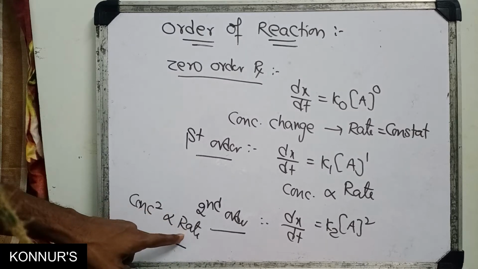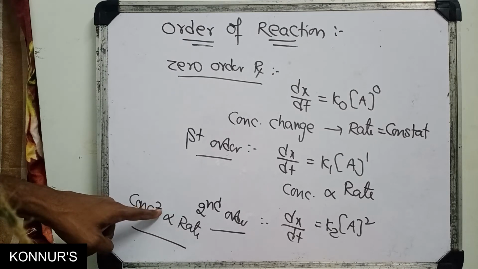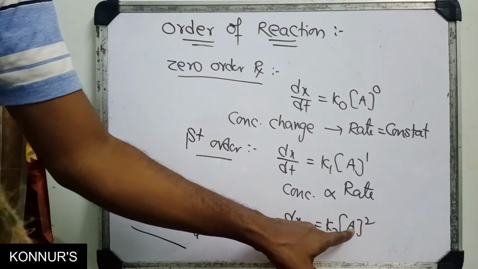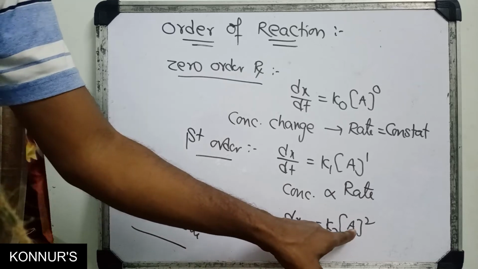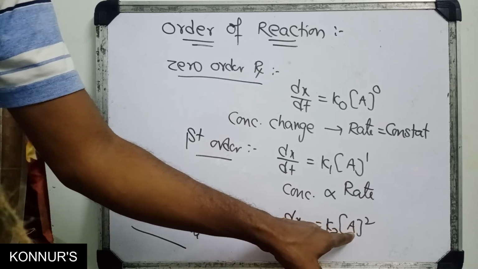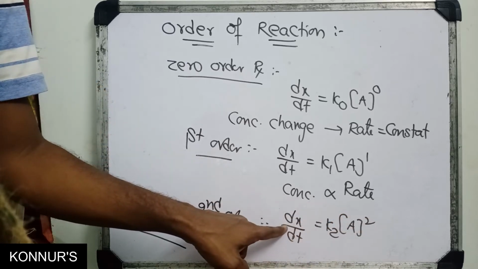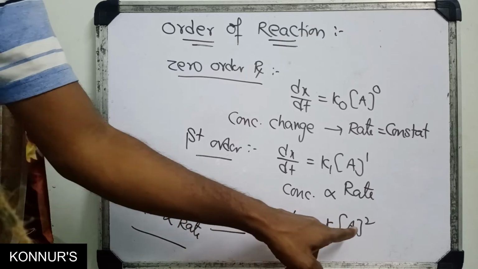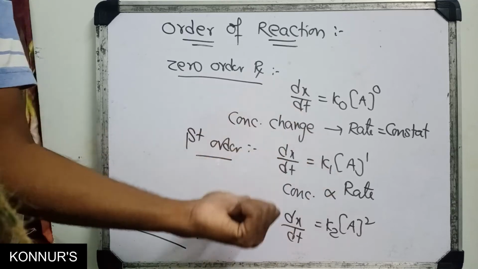If concentration is doubled, 2 squared, the rate increases 4 times. If concentration increases 3 times, 3 squared, the rate increases 9 times. So like that, based on concentration versus rate, they will ask problems.